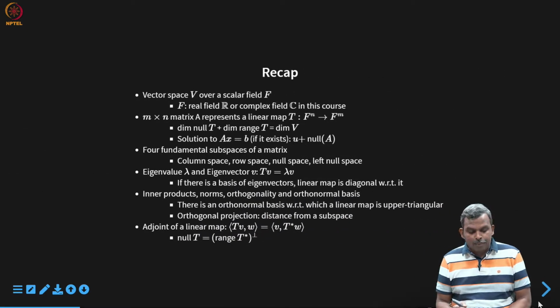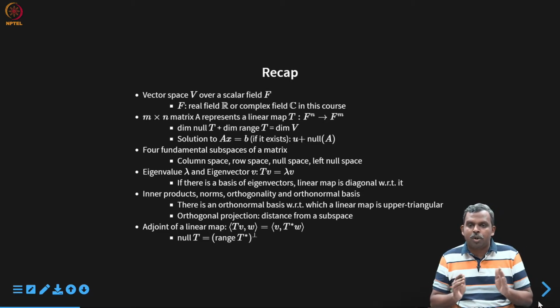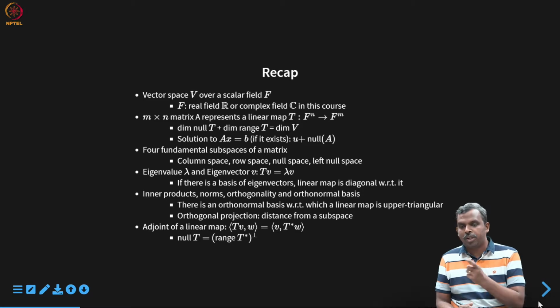A quick recap, all the older things are there. The latest thing we are looking at is the adjoint of a linear map, which gives you the mapping between inner products in some sense. So what happens when inner products are involved with linear maps? How do you relate inner products to linear maps? There is a very nice relationship. Every map has an adjoint, so that the inner product of TV and W, after you have gone to the output side, is also reflected on the input side through the adjoint.